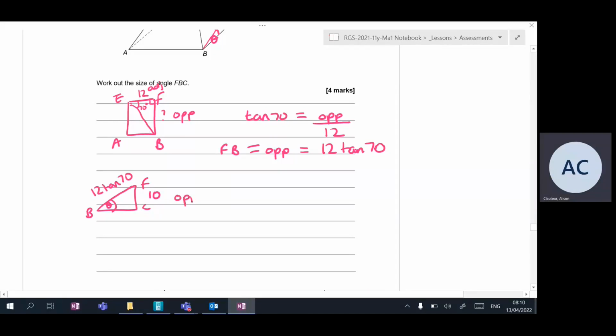So I've got my opposite side and my hypotenuse. So therefore, sine of the angle I'm trying to find out is the opposite side, which is 10, over the hypotenuse, which we just worked out, was 12 tan 70.